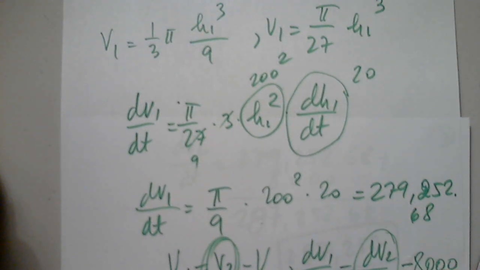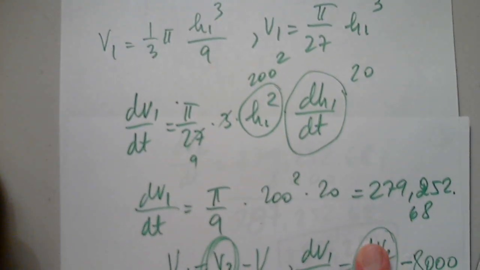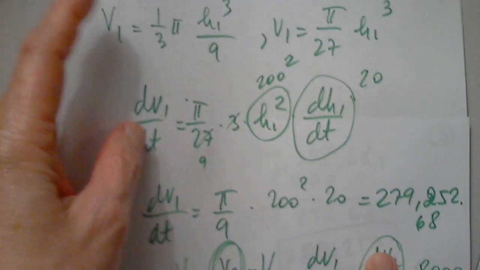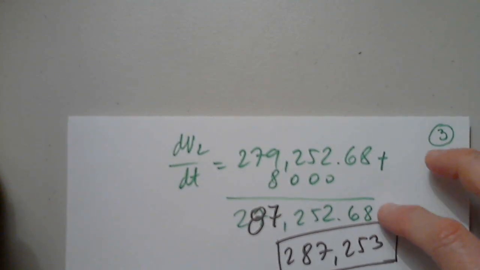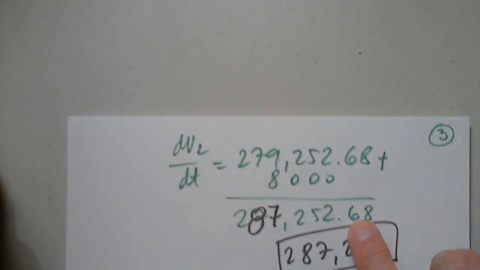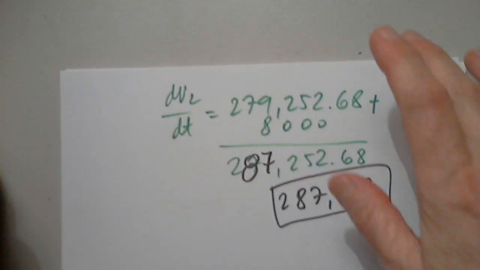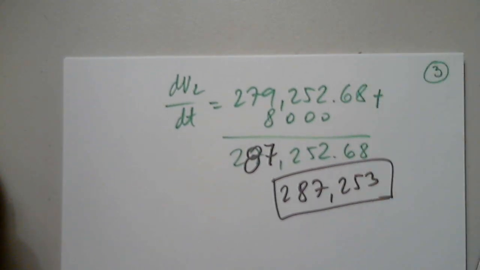I differentiate both sides, dV1 over dt, dV2 which is constant, this is what I want, minus that 8,000. And then I have to add it in to this. And that's how I got it. They want us to round up to the nearest integer, so that's 6, so I had to put this up to 3, take it up to 3. Yeah, that was the idea.